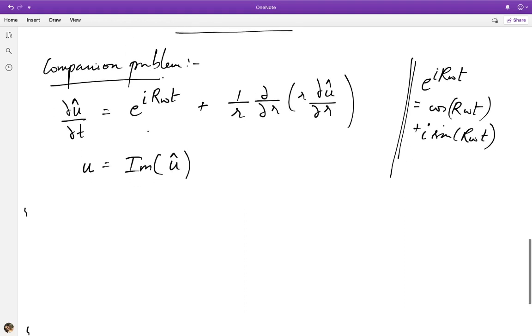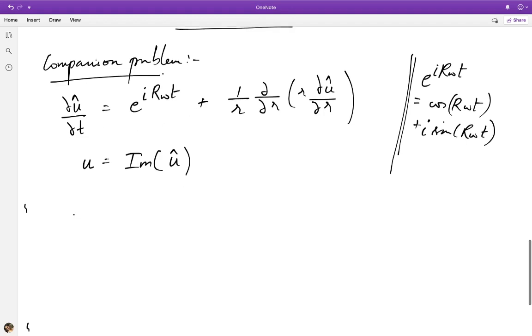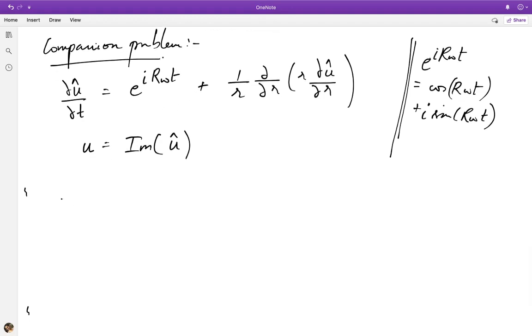So why consider this companion problem? The reason is that in this form, it's much easier to solve the problem because I now can write a possible solution. So I'm going to now seek a solution that has a separable form, where u hat can be written as some function of r times e to the power I r omega t.